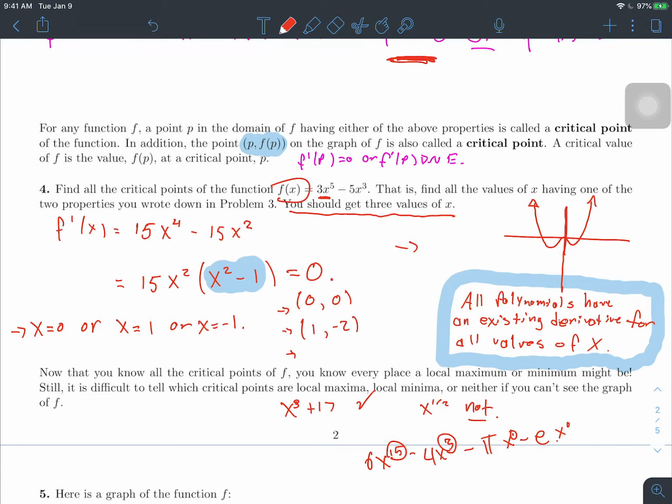And the last one, x equals -1. If we plug that into our original function, we'll get -3 minus -5, so we get 2. Okay, great. So these are our critical points.